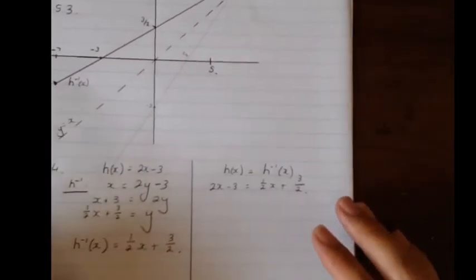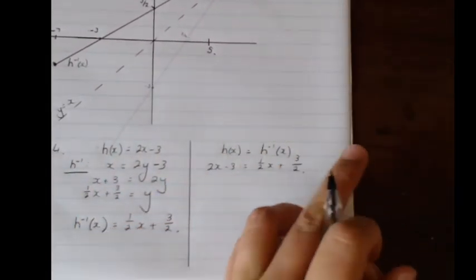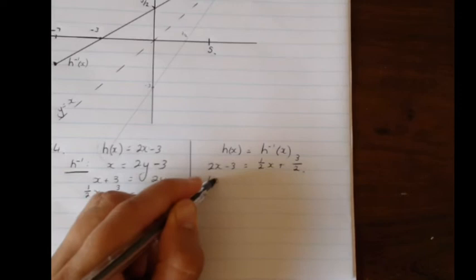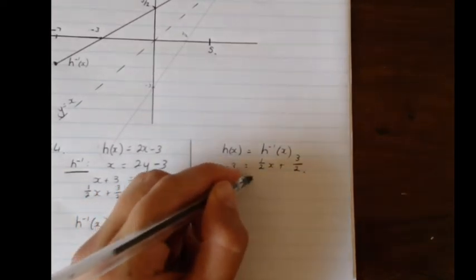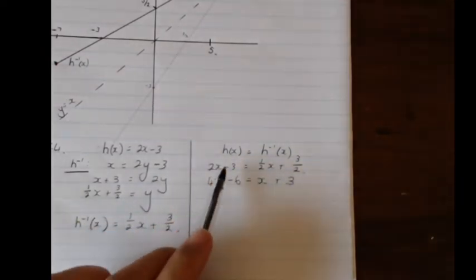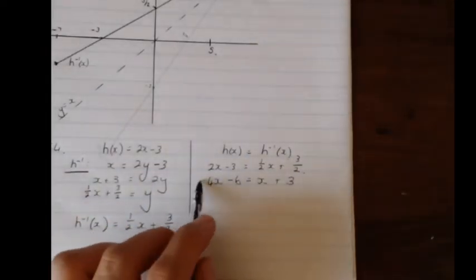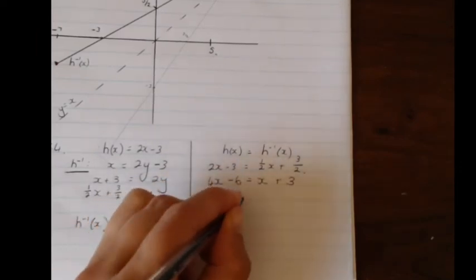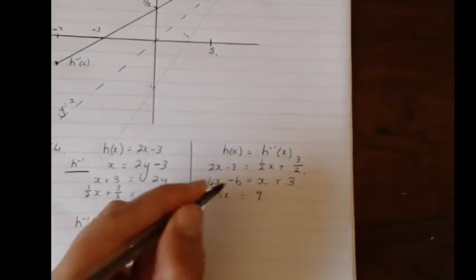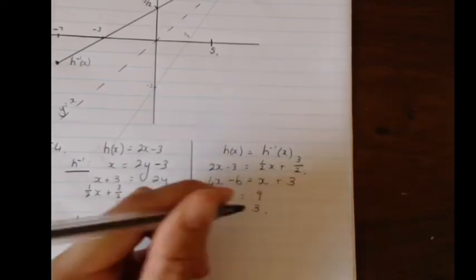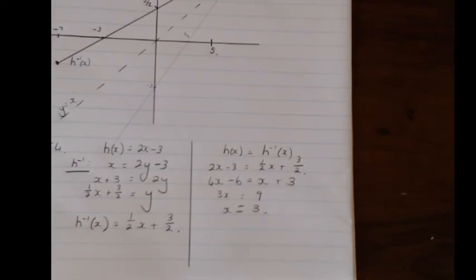Right, now I don't like working with fractions, so I'm just going to multiply with the denominator 2 throughout. So this is going to multiply by 2, making it 4x minus 6 equals x plus 3. I multiplied every single thing with 2, and now I want to solve for x. So 4x minus x is 3x, 3 plus 6 is 9, so x is 9 divided by 3, which is 3. The x is 3, and that's my answer.